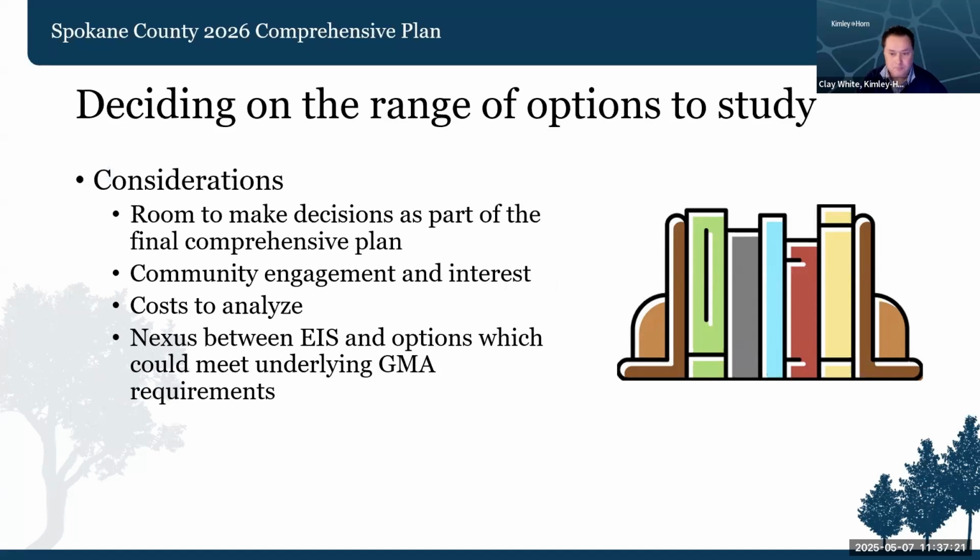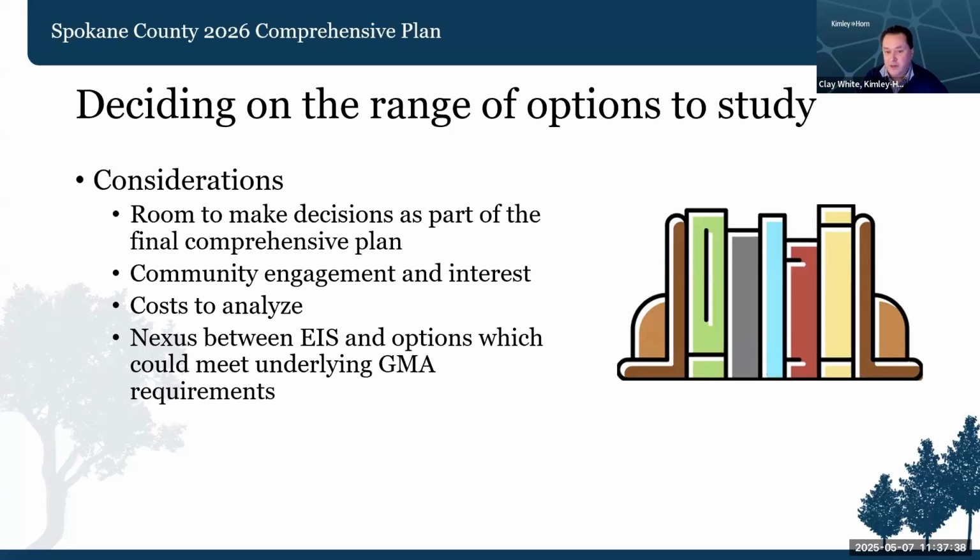Next slide. So we want to make sure that, as part of those study options we're taking a look at, it does provide us that kind of room as part of this process to make decisions at the end of the comprehensive plan.